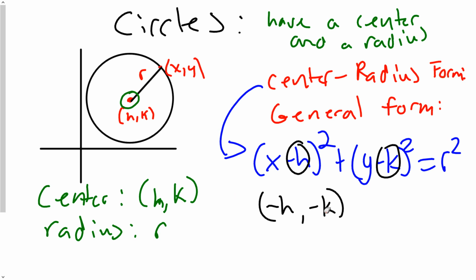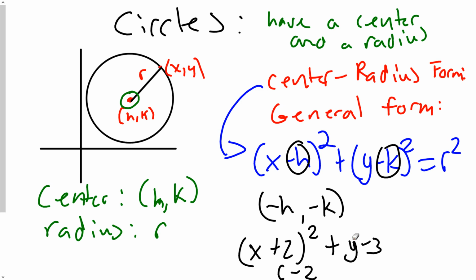You can kind of think about it as the opposite of what's in there, because my center is (h, k), but if it's say x plus 2, then I take the opposite, or you could say negative h. So my center would be negative 2 for my x value, quantity squared, and then say plus (y minus 3) quantity squared equals 16.